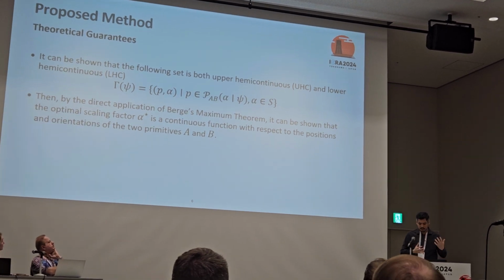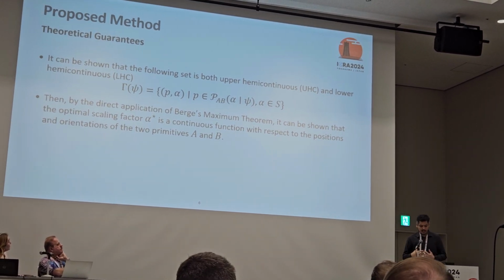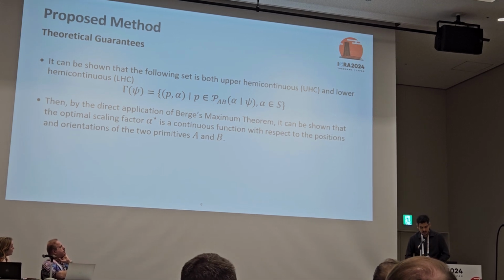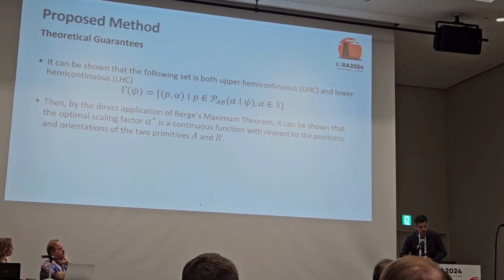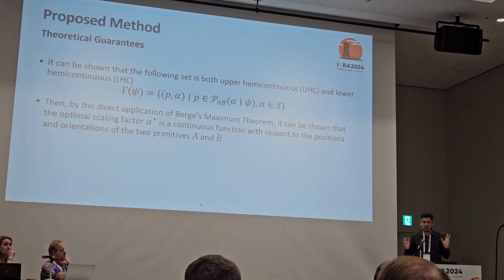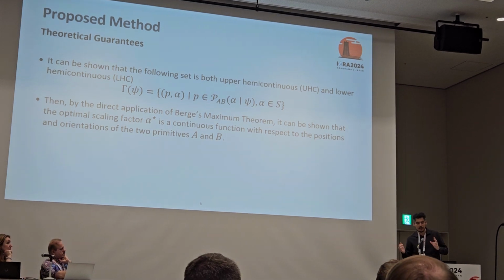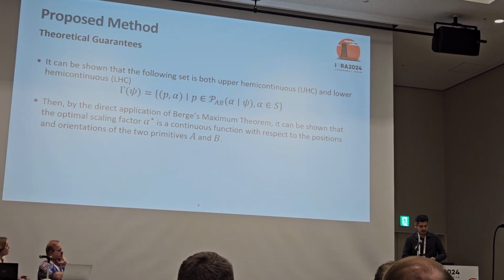And we can prove that this function that maps into a set has the property of upper hemicontinuity and lower hemicontinuity, which are essentially continuity but for sets, right? Because the codomain of this function is a set.